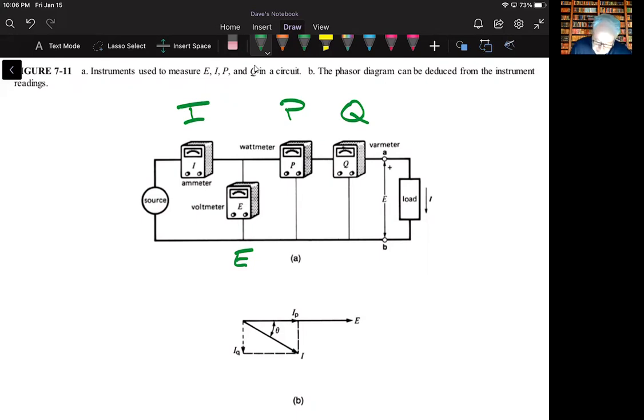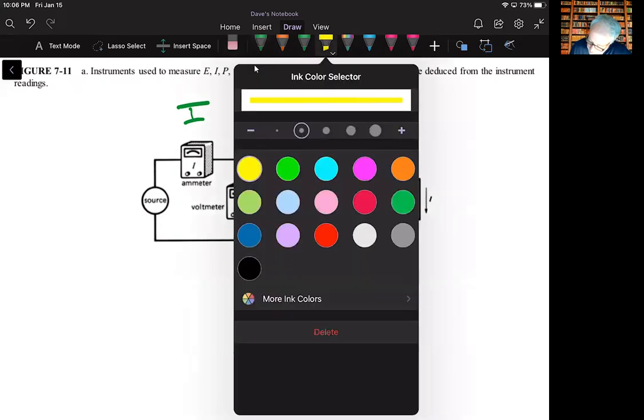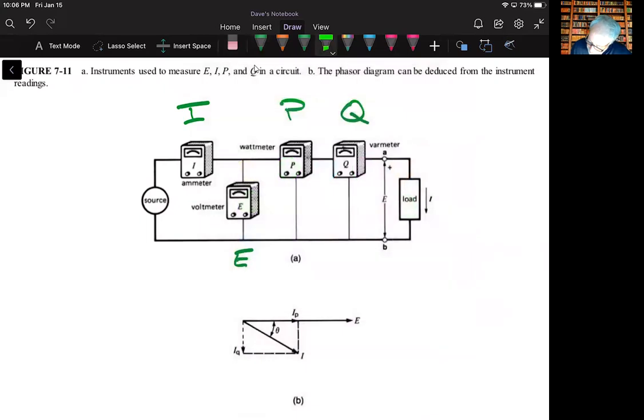All right. And then as we look down below here, we can see that the active current is in phase with the voltage, as we would think. The reactive current is 90 degrees lagging the voltage since it is inductive.